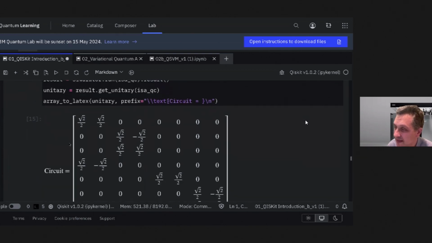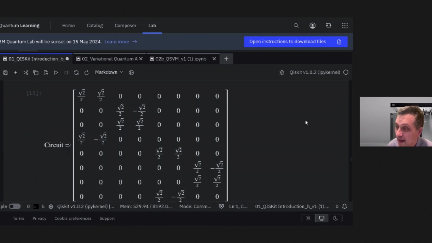And what does the circuit do? We have a state that is a vector. Transforming the vector really is multiplying by a matrix. So what do these circuits do? They really make matrix multiplication in a native way. And you know that multiplying really big matrices is a hard problem.